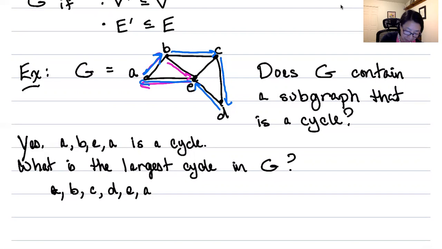A path could be from B to E to D to C. That's a path. I can't make it longer at the end because when I'm at C, to make it longer, I'd either have to go back to B, which would create a cycle, or back to E, which would create a cycle. But I could have made it longer at the beginning if I wanted, like if I started at A.